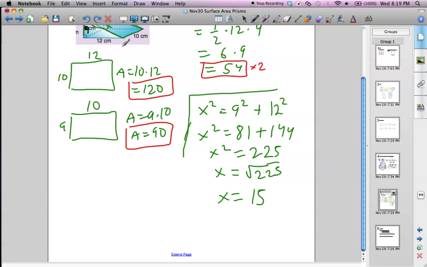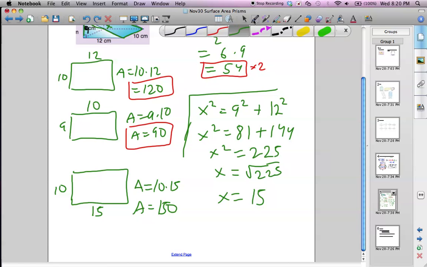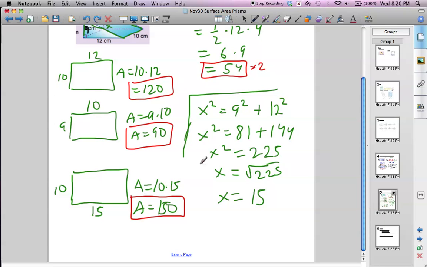So x is 15, and now we know our rectangle is 10 by 15. The area is 10 times 15, which is 150. That's the area of the last rectangle.